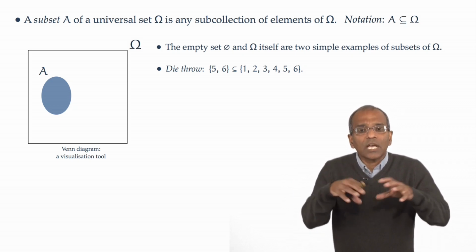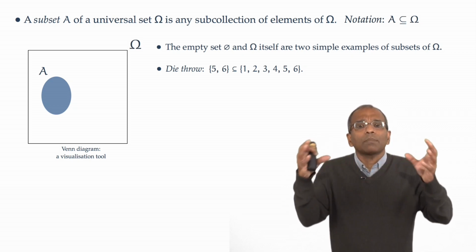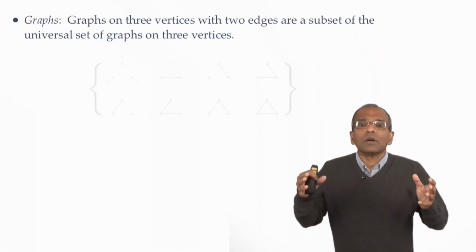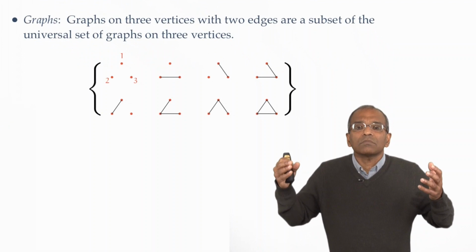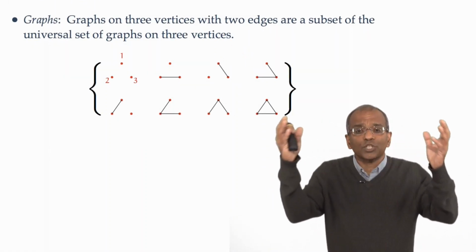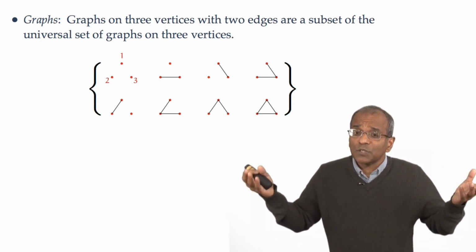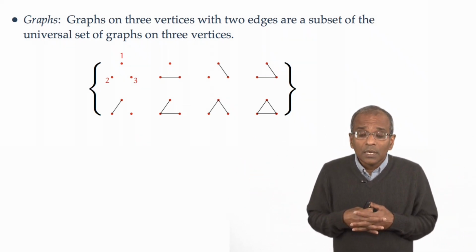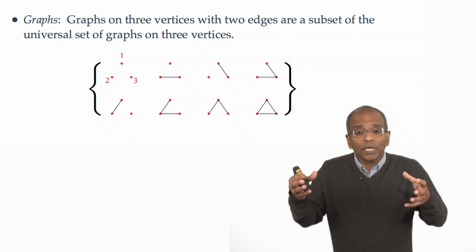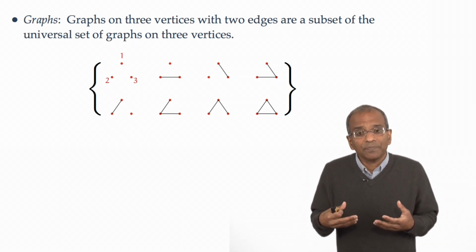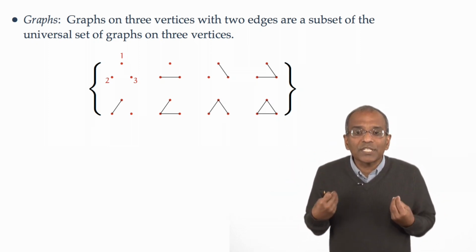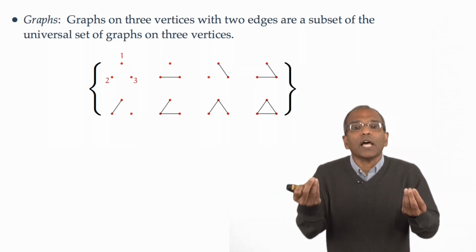Let's pick an example from the second example I've shown you on sets, from graphs. Imagine a graph on a certain number of vertices, say n. The family of all such graphs is potentially a large family, if n is large. For example, you could imagine a setting where we're looking at flights between cities, cities representing vertices in a graph, edges between cities showing that there are direct flights between cities.